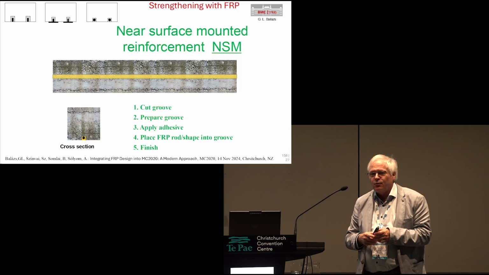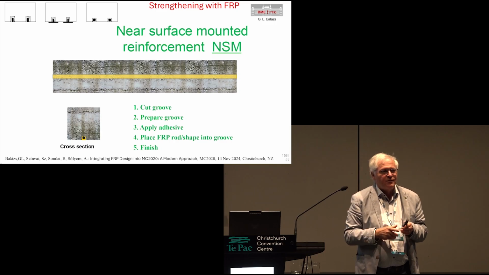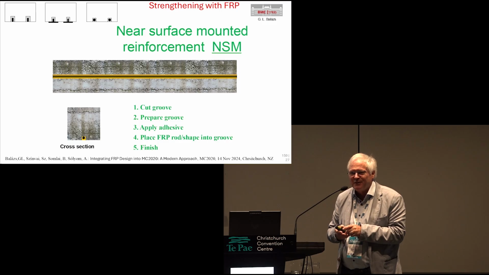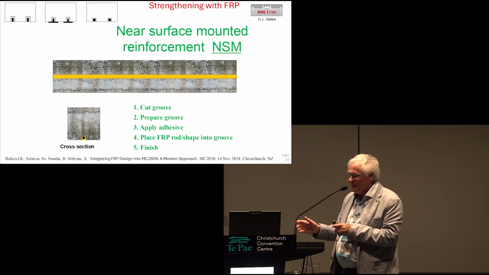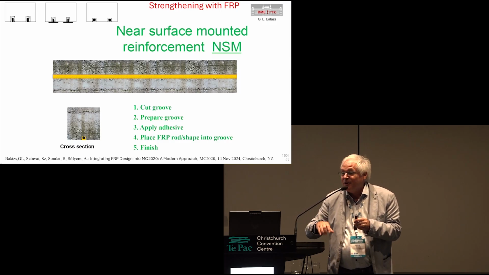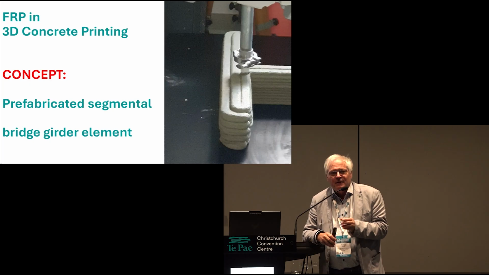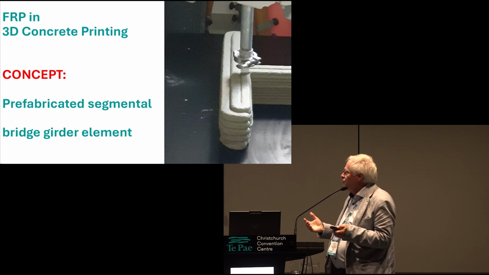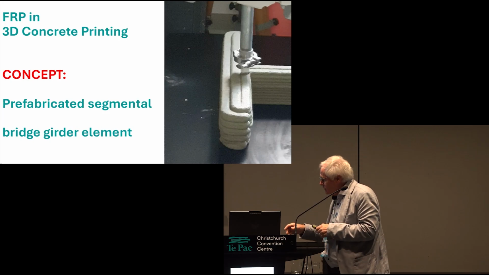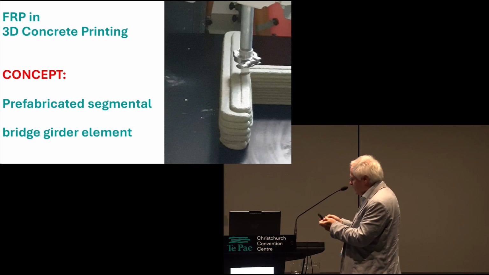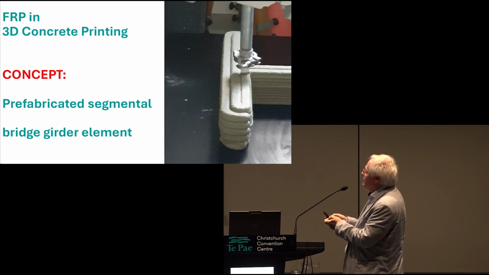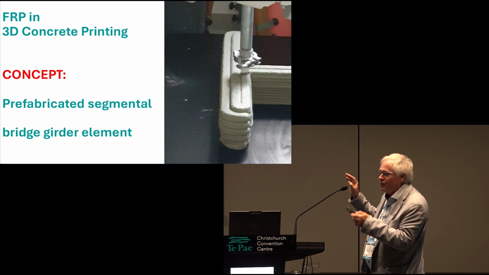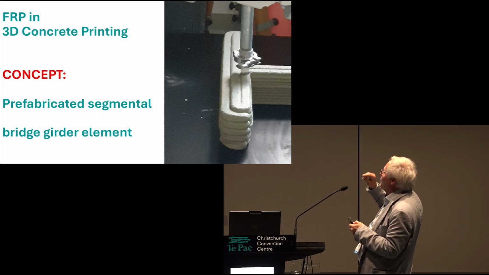I would like to open your eyes with the last two slides, which are not discussed in Model Code 2020, but are discussed by many colleagues who are working in 3D printing of concrete. So how can we use FRP efficiently in 3D printed concrete elements? This is one of our proposals. We did this in our laboratory.